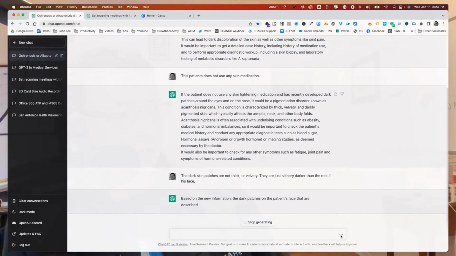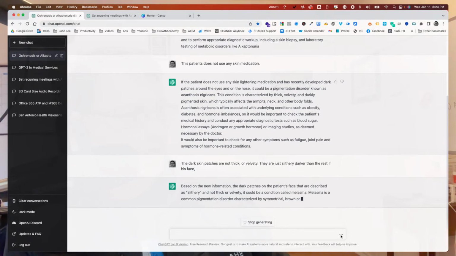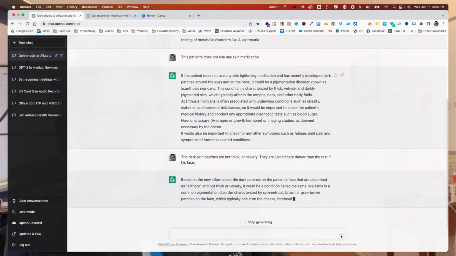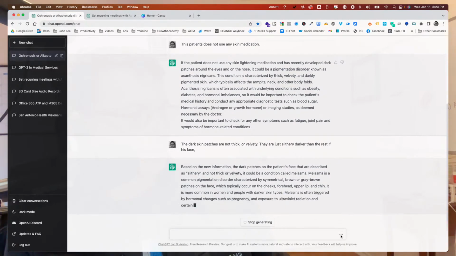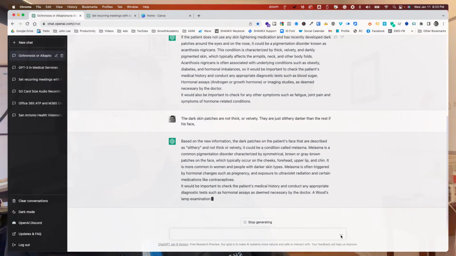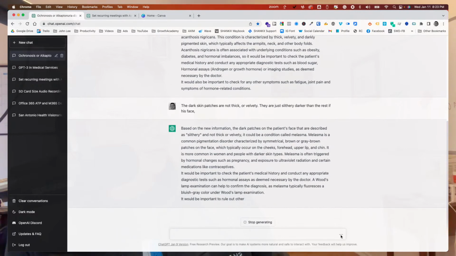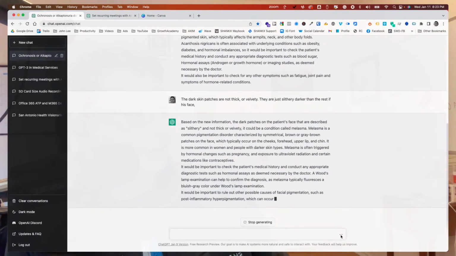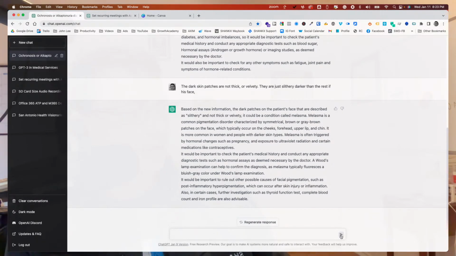Based on the new information, the dark patches on the patient's face that are described as slightly darker and not velvety could be a condition called melasma. Melasma is a common pigmentation disorder characterized by symmetrical brown or gray-brown patches on the face, typically occurring on the cheeks, forehead, upper lip, and chin. Okay, so I don't know.